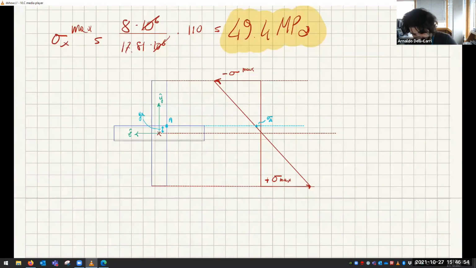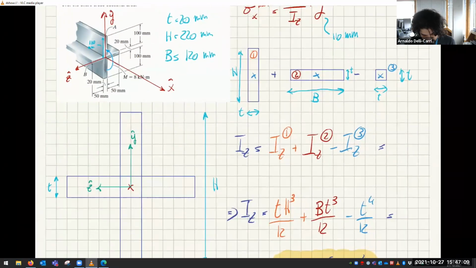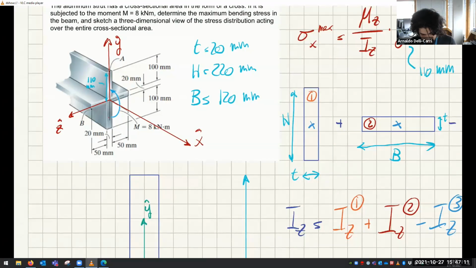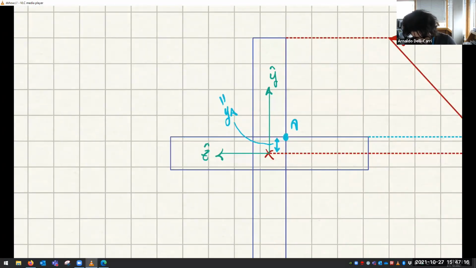And so you can find that sigma A is Mz divided by Iz times yA. And since that distance is 10 millimeters, remember this T is 20, so this distance yA is 10 millimeters.